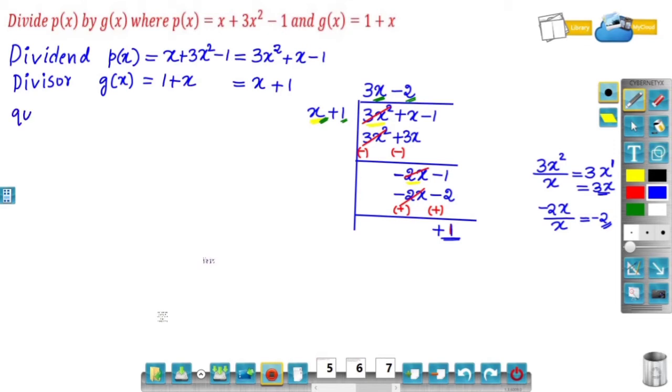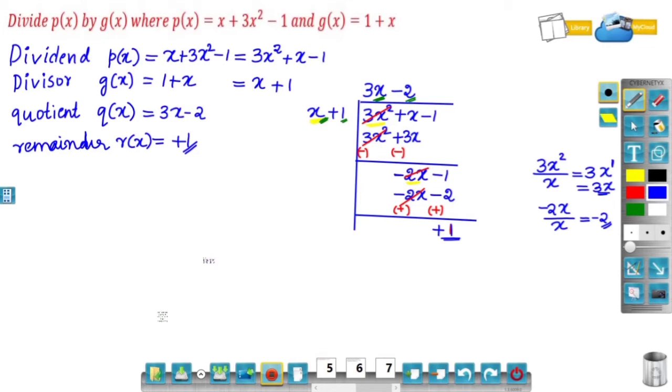Now, where to stop the division? You have to stop the division when the remainder becomes 0. If the remainder is not equal to 0, then you have to stop when the degree of the remainder is less than the degree of the divisor. Now write the quotient.